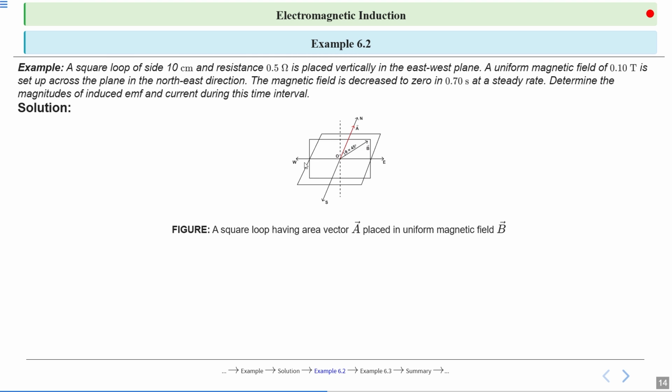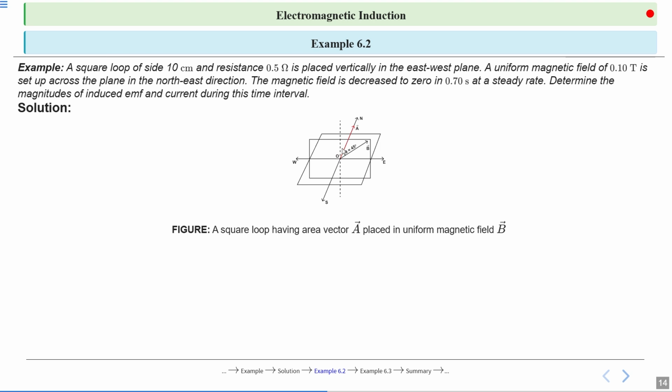This slanted plane is horizontal, and it is perpendicular to the first plane, which is vertical in the east-west direction. This dashed line represents that first plane. The slanted plane contains the direction of the magnetic field, which is in the northeast direction.